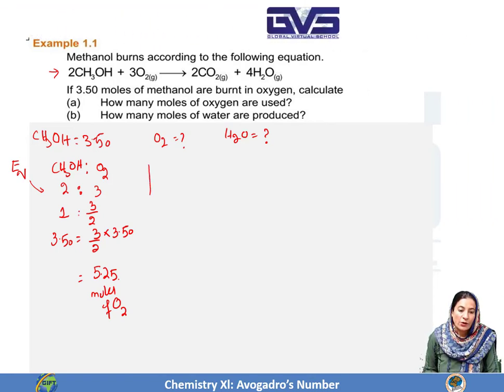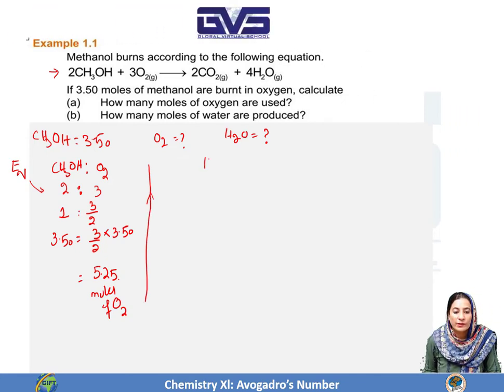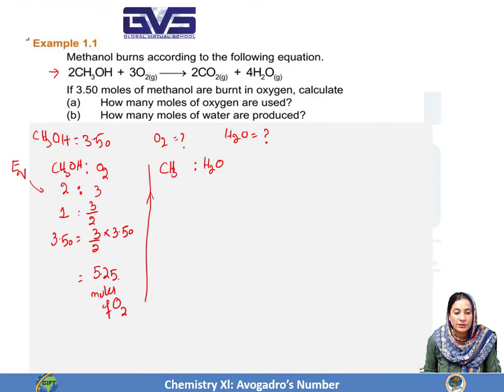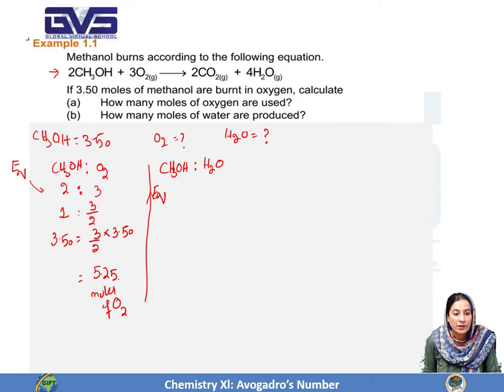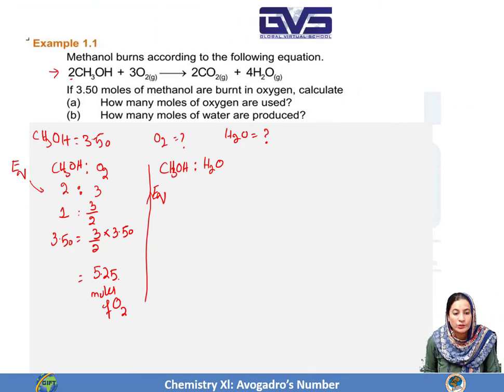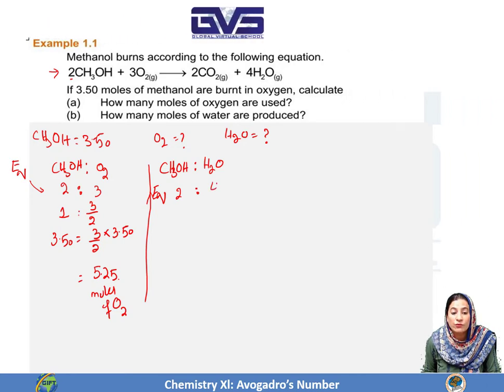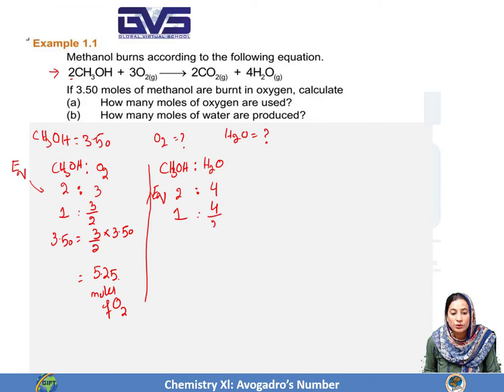Okay. Now you have to find the H2O. Keep this on the right side with the help of methanol CH3OH. From the equation, this is the balanced chemical equation, it shows that when 2 moles of methanol are used, then water formation is 4 moles. When it is 1, it will be 4 by 2.